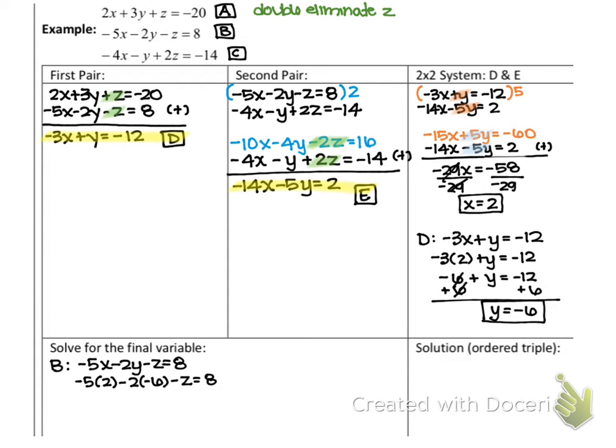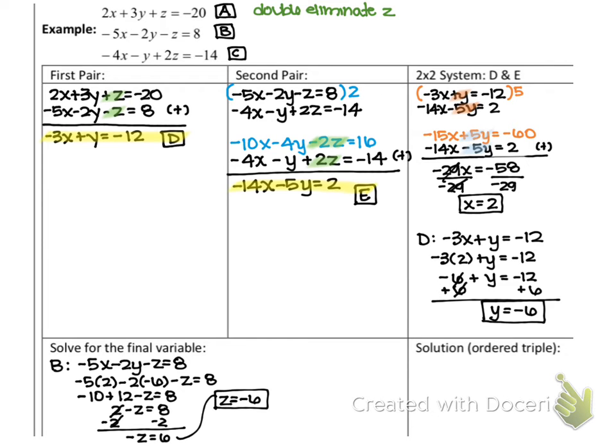That's what I'm trying to find. So it's negative 10 plus 12 minus z equals 8. So that's 2 minus z equals 8. Subtract the 2. Looks like negative z is equal to positive 6, which means z is equal to negative 6.